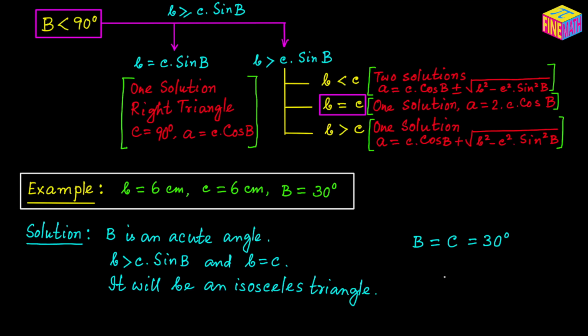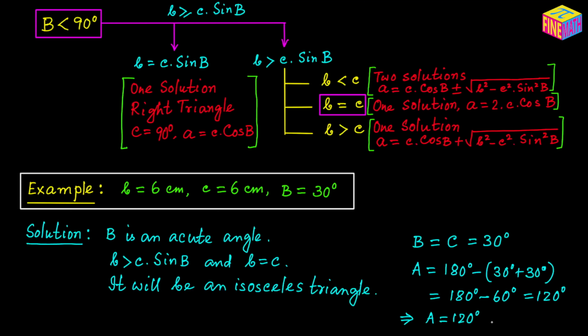And now that we know both the angles, then obviously angle a would be equal to 180 degrees minus the sum of these two angles, and that will be equal to 180 degrees minus 60 degrees, and that is equal to 120 degrees. So we can clearly see that a is equal to 120 degrees and of course c is equal to 30 degrees. So the only remaining attribute that we have to calculate is the side length a.